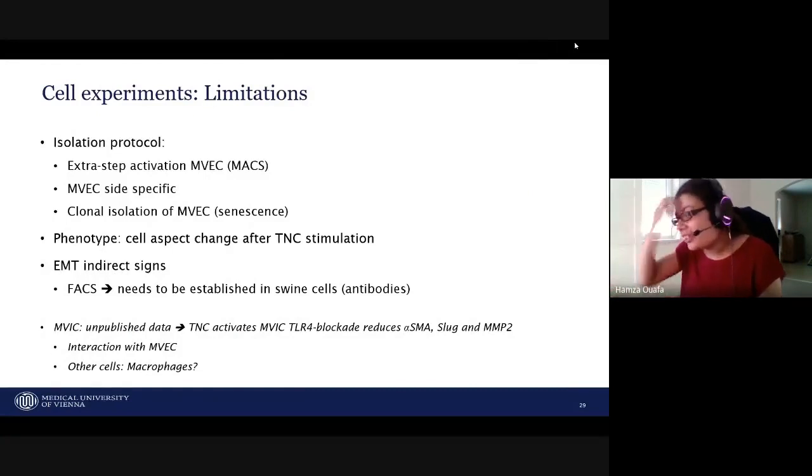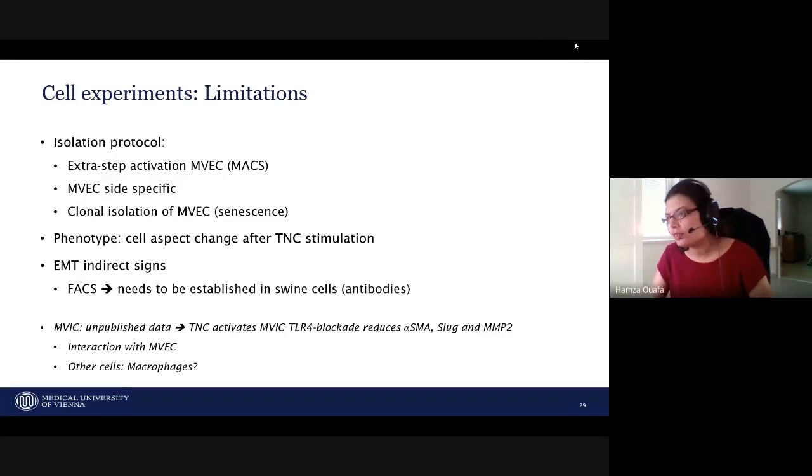So one of the limitations of cell experiments is that, of course, you are in vitro. You don't have the whole environment that a whole organism could provide. And one of the problems was also that we had to have an extra step to isolate our MVECs, which is the MACS. MACS is the magnetic sorting of the cells.